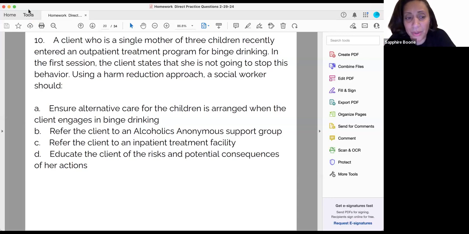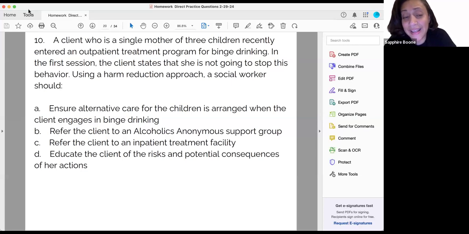So we're going to get rid of both of those. So now we're down to A or D. Which one is going to allow, I know this sounds weird, the client to safely drink? That's the option we should be going with.